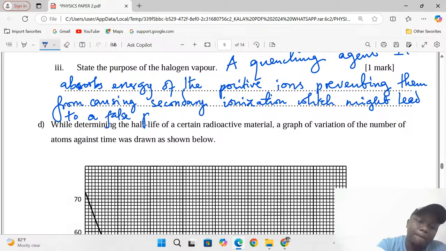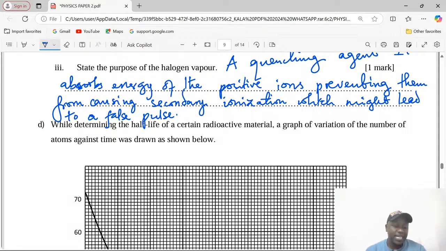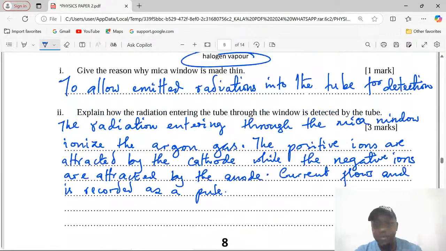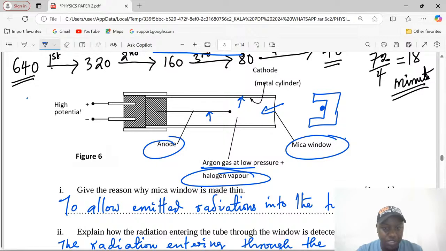a false pulse. So a pulse might be recorded thinking that it is from the emission of radiation, yet the positive ions caused by the primary ionization are too heavy and moving slowly to the metal cylinder, which is the cathode. As they move, due to their energy, they might also cause secondary ionization.